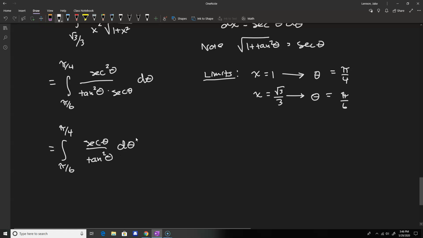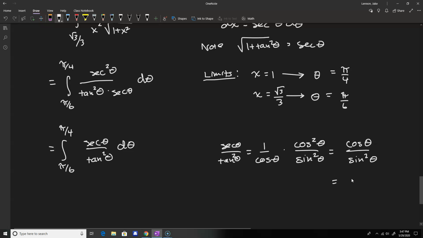If we write that in terms of sines and cosines, we can make that a little bit cleaner. Secant of theta over tangent squared theta is 1 over the cosine of theta times cosine squared theta over sine squared theta, which we can write as cosine theta over sine squared theta, canceling one of the cosines.